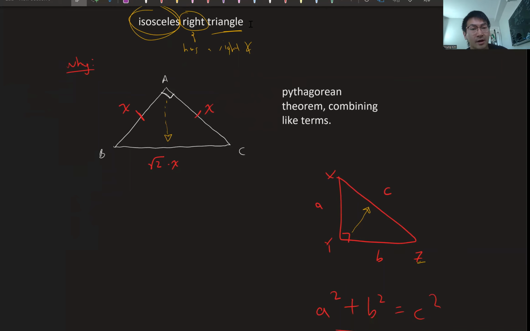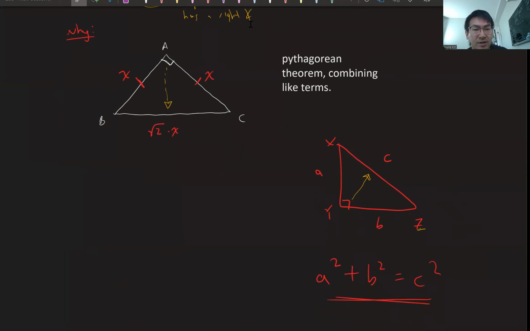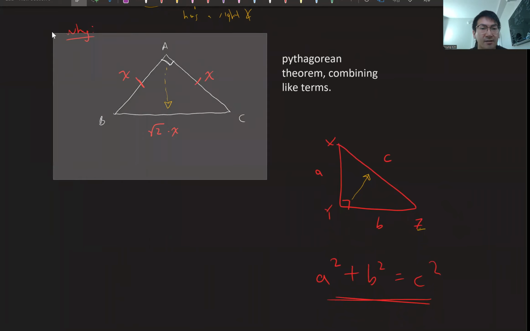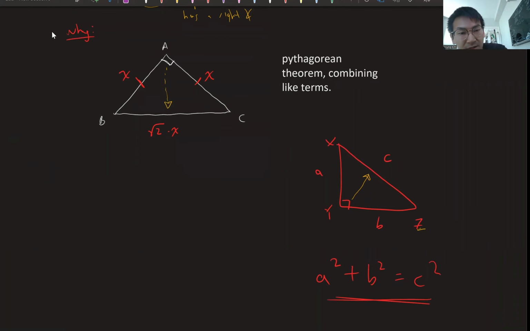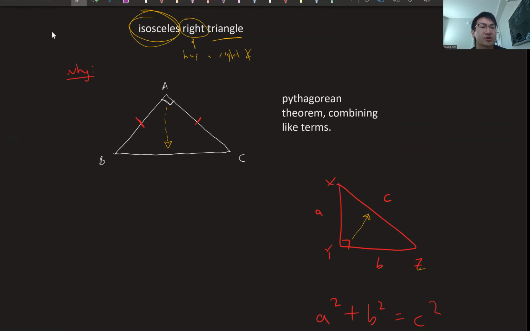We know this is a fact about isosceles right triangles, and we're going to derive this right now. So let me delete this. Here we have an arbitrary, just a general isosceles right triangle, and that means at least two sides are congruent. I chose these two sides to be congruent.